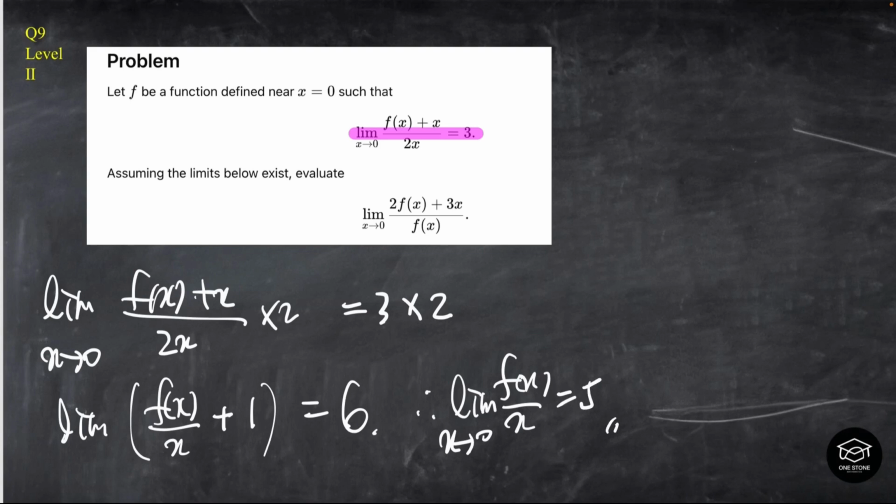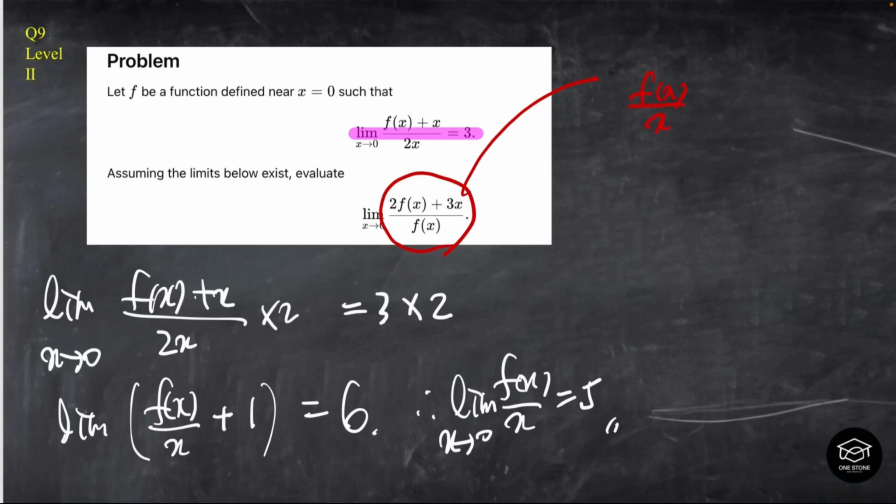We are asked to find the limit as x approaches 0 of (2f(x) + 3x) divided by f(x). To simplify, divide both the numerator and the denominator by x.